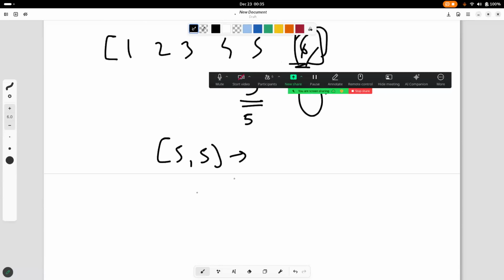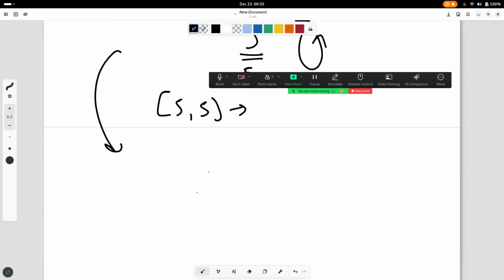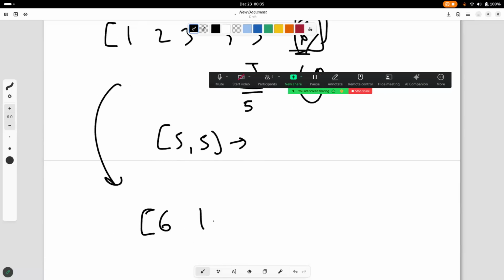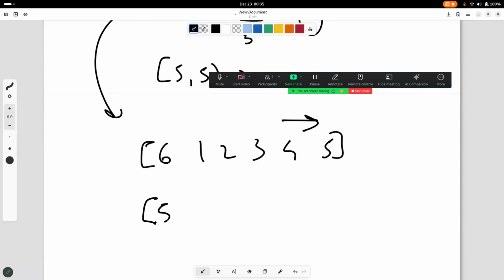It would remain at 5. But you could put this 6 at the start of the array, so this would be 6, 1, 2, 3, 4, 5. In this case, your joker actually moved to the right. So your 5 to 5, after operating on 6, becomes 5 to 6.